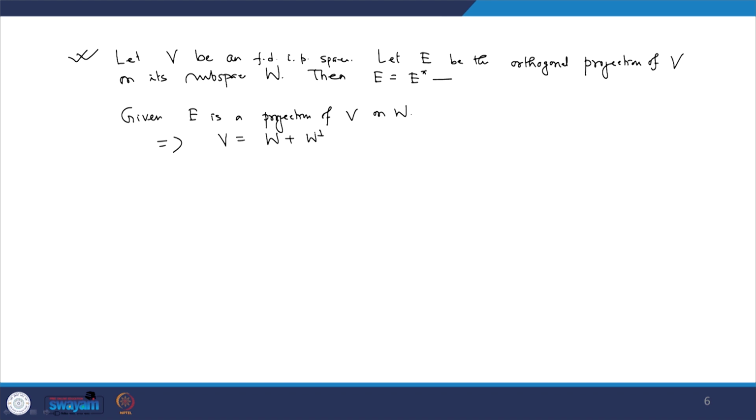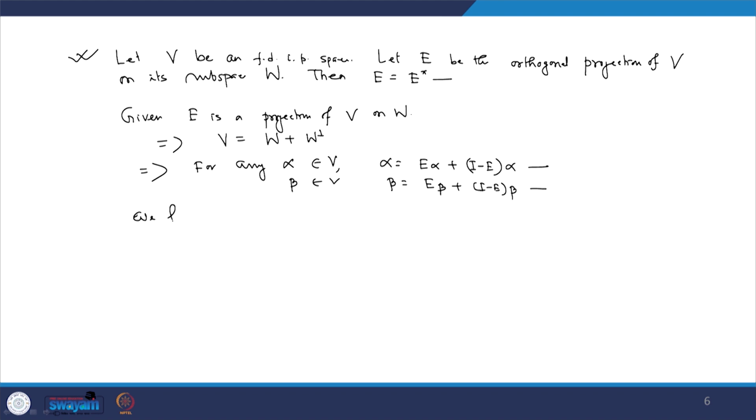So, any alpha belonging to V can be written as E alpha plus I minus E operating on alpha. We know the meaning of W and its orthogonal complement: any element of W will be orthogonal to its orthogonal complement. Similarly, beta can also be written as E beta plus I minus E operating on beta.